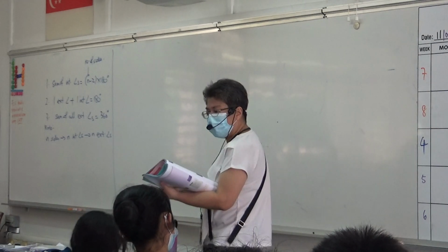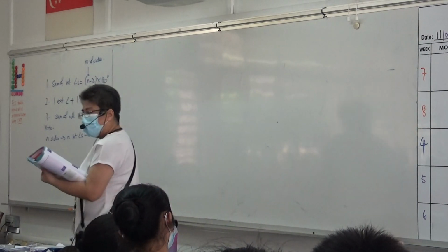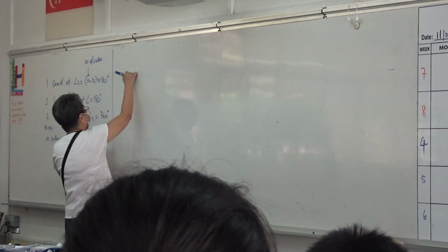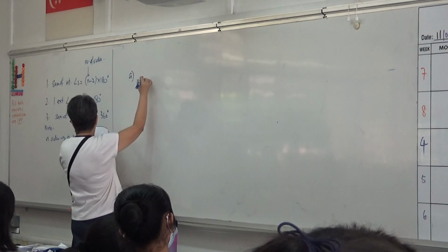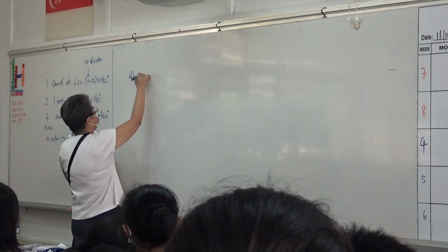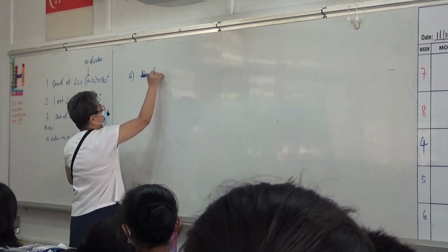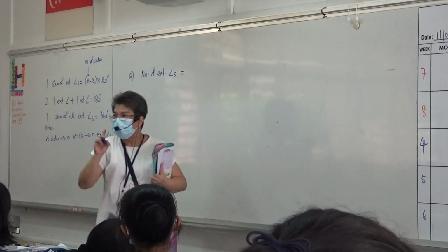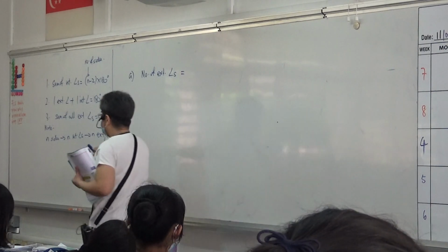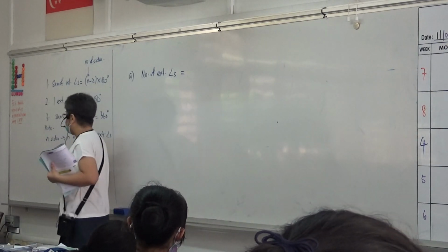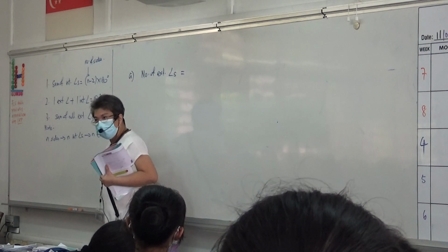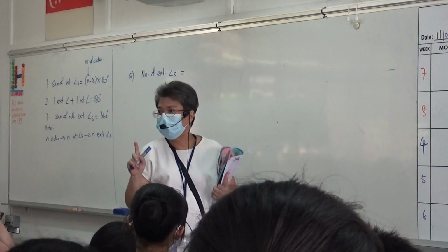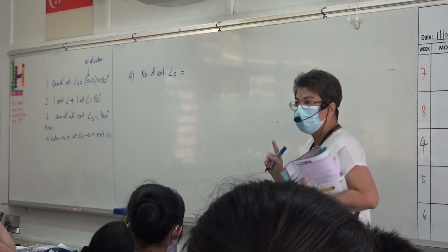Okay, let's take a look at example 14. Calculate the number of sides of a regular polygon if A, each exterior angle is 24 degrees. Now, just now I said this line: N sides means N interior angles means N exterior angles. That means if I can find how many exterior angles, I can find how many sides, right?